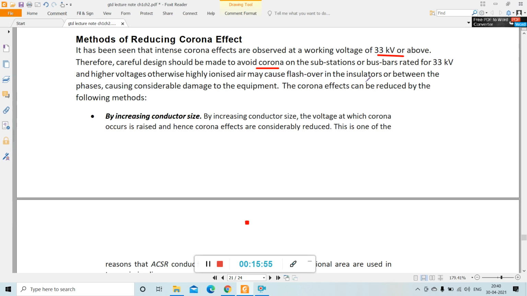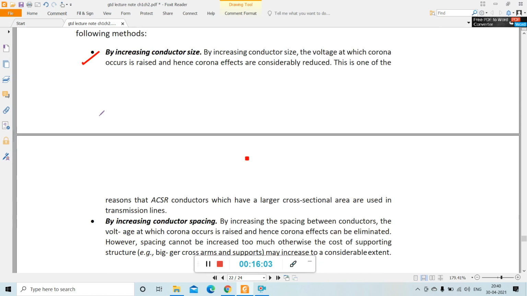The corona effect can be reduced by increasing conductor size. By increasing conductor size, the voltage at which corona occurs is raised, and hence corona effects are considerably reduced.